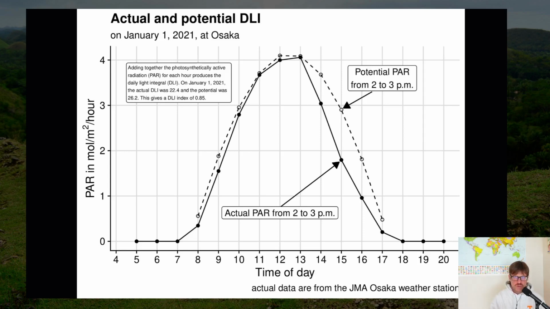So you're able to calculate what percentage of that light is in photosynthetically active wavelengths, and then you can get a DLI based on knowing the location, and you know the time, and you know the date, and then you can make all of these calculations. So that gives you your potential photosynthetic photon flux density for every second of that day. And if you add all of those together, you get your potential daily light integral.